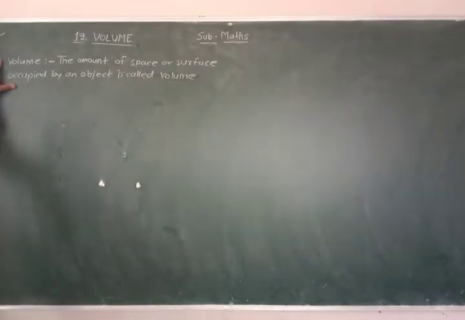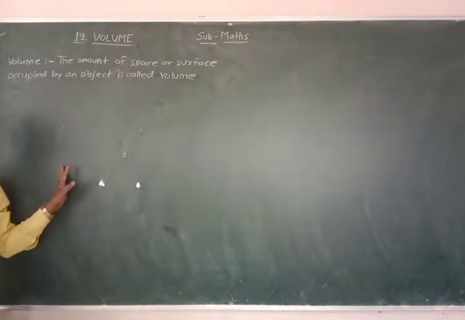So first you write the definition: the amount of space or surface occupied by an object is called volume.